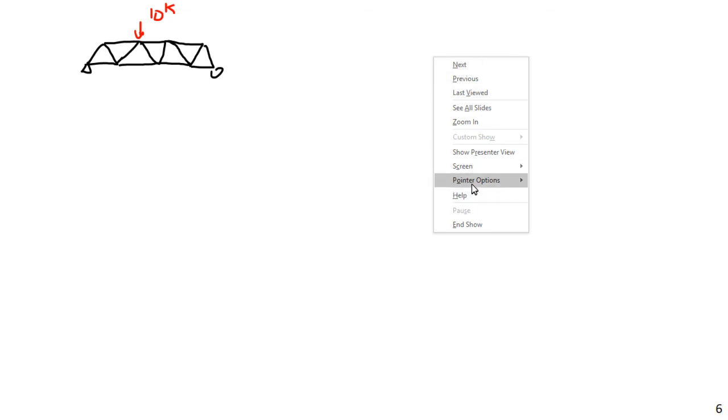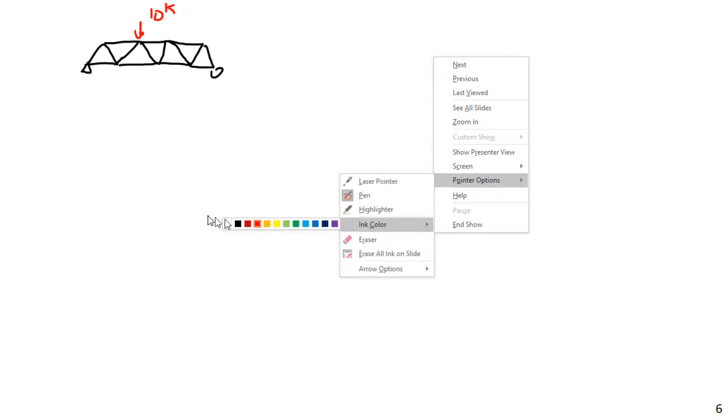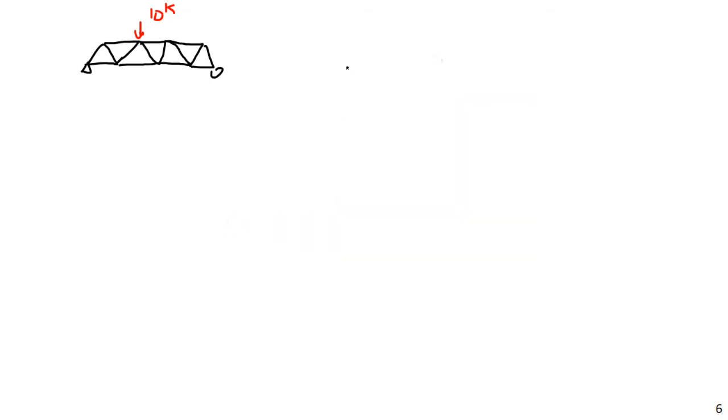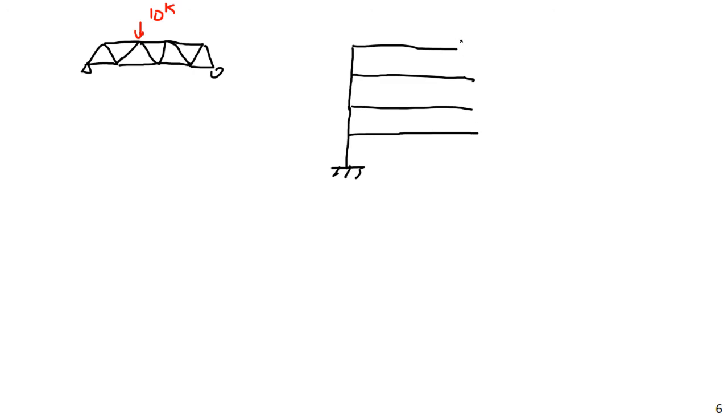But compare that to something like a fixed frame. If I have a great big frame with lots of different load paths, like fixed everything, yes, it's more difficult to analyze, but structures like this have many load paths. And that's what makes them difficult to analyze. The same thing that makes them difficult to analyze gives them structural redundancy.